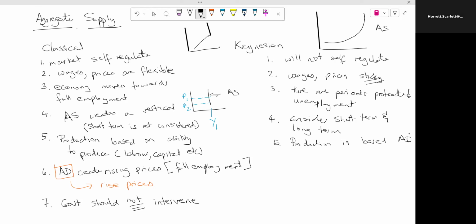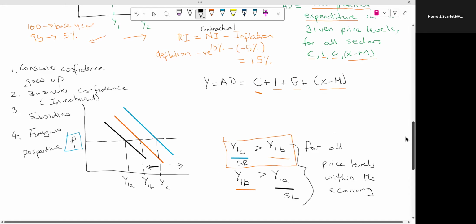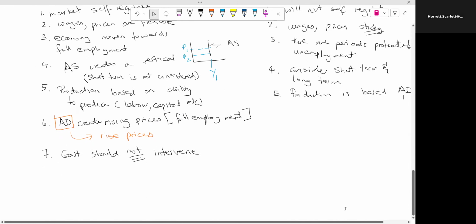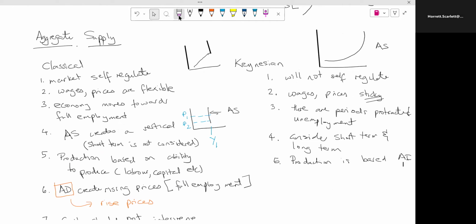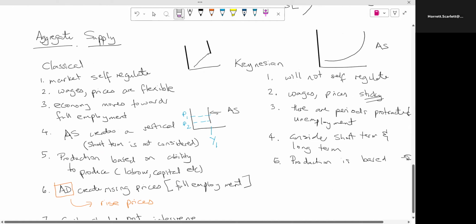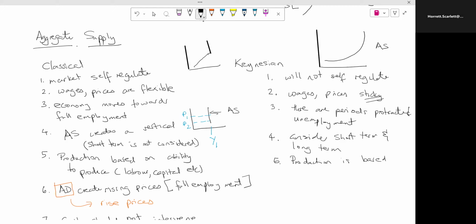So the more people demand, the more we will produce. Let me just write that properly. So production is based on aggregate demand. All right, great.